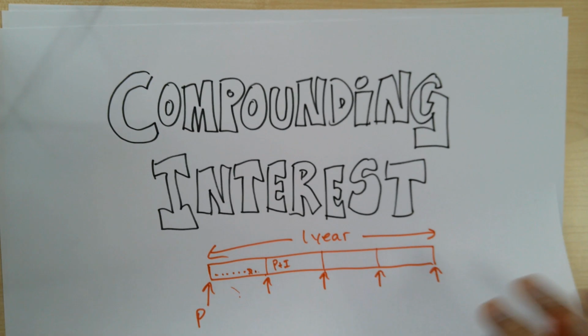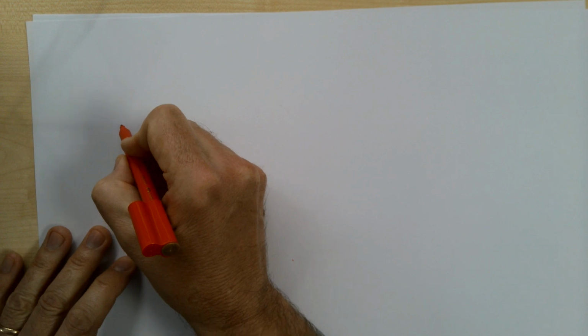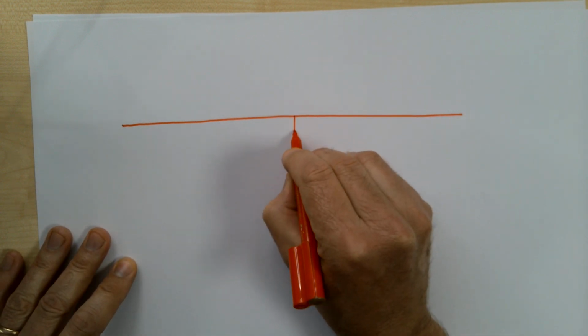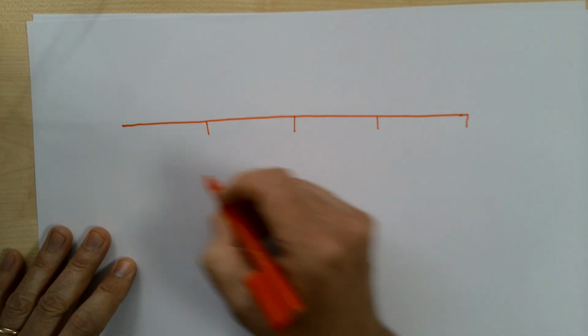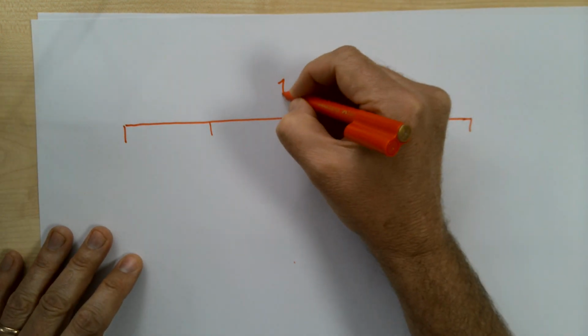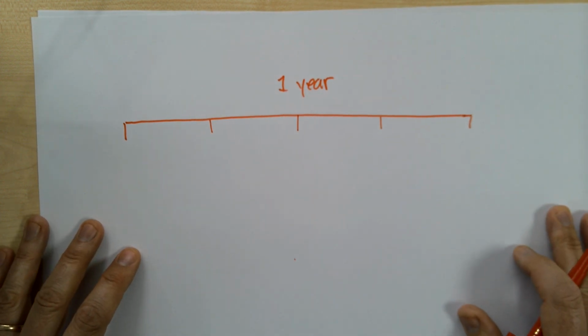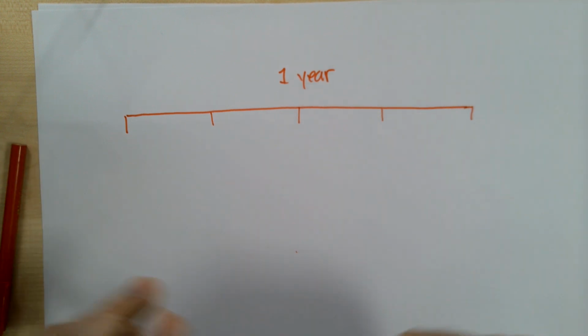Let's see a bit more detail how it actually works. So I'm just going to do a bigger diagram like that one, and this again represents 1 year. Now let's say the bank offers you an interest rate.